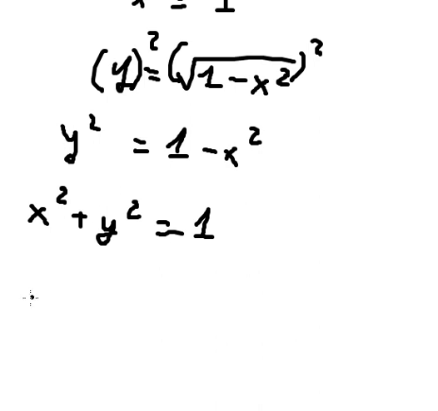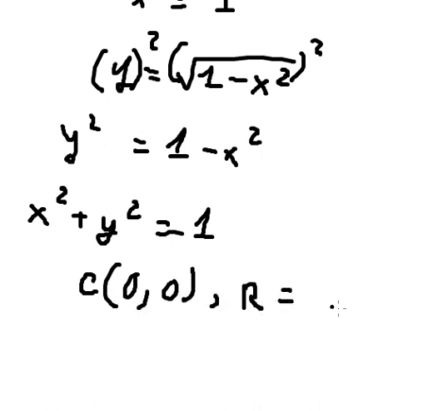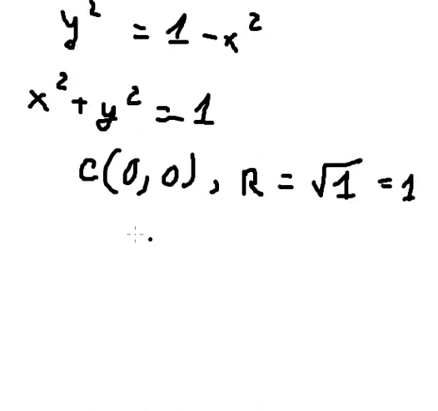So we can see that this is a circle with the center 0, 0, and the radius is the square root of 1. So you get 1. And now we need to graph this one.